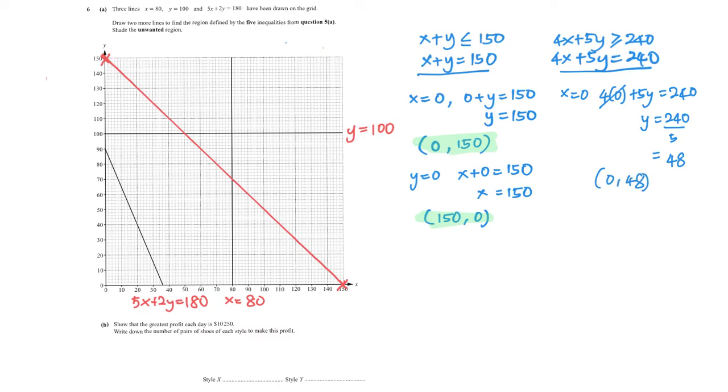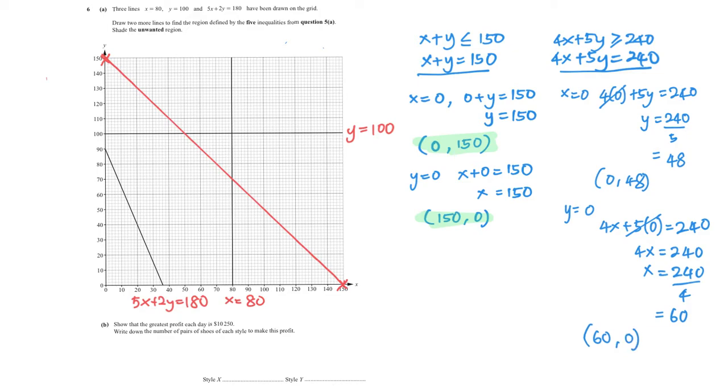Alright, so we get 1 here. And let's work on the other one. I put y equals 0. 4x plus 5 times 0 equal 240, and then this 0 is gone. 4x equal to 240, that makes x 240 divided by 4, that makes it 60. Again, coordinates start with x first, so that will be 60, 0.